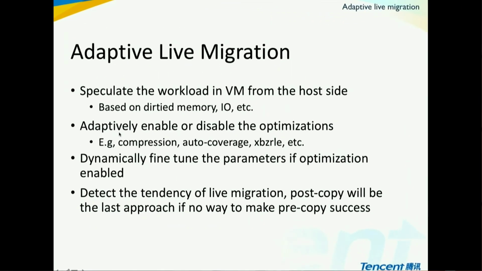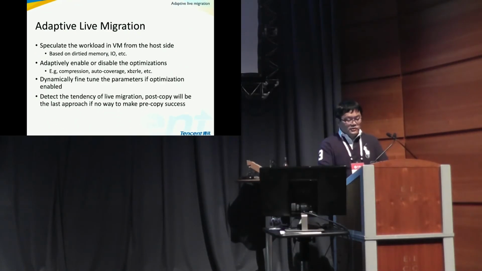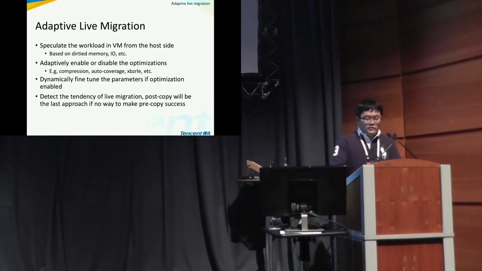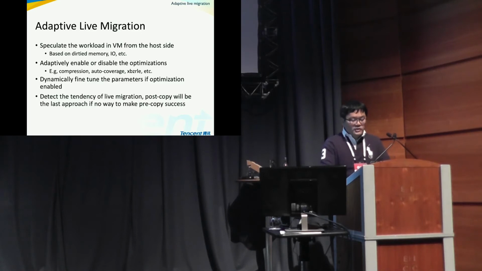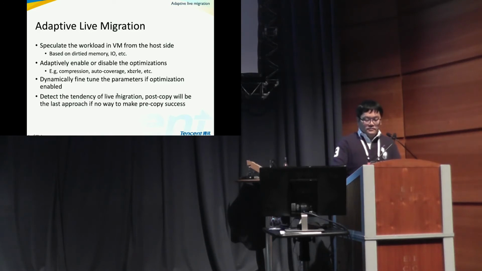So what is adaptive live migration? It has 4 steps. At first, we will speculate the workload in the VM from the host side to get information such as dirty memory rate and VM IO statistics. Second, we adaptively enable or disable optimization methods such as compression, auto-converge, and XBZRLE.